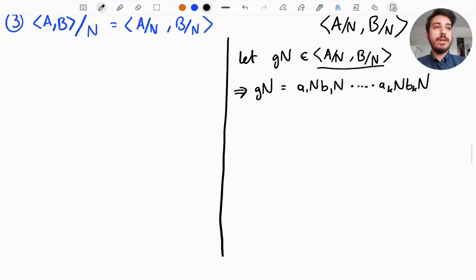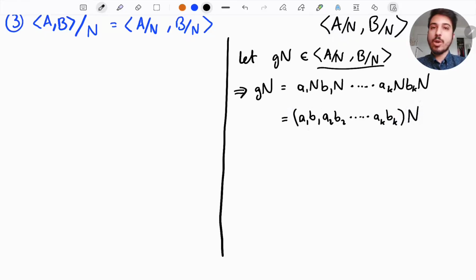So if that's true, the right-hand side is equal to a1b1a2b2 all the way to akbkN.